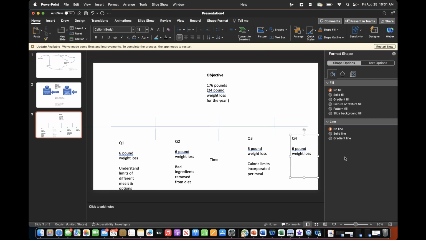And you talked about the magic question we want to ask ourselves. And the magic question I want to ask myself here is, if I accomplish the key results for each quarter, will that accomplish the objective for the year?